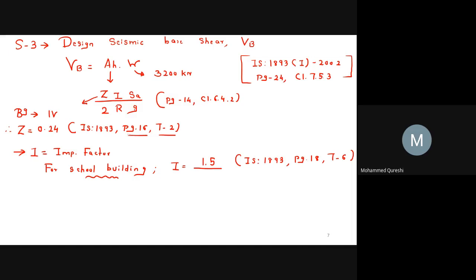Now we will go for response reduction factor, that is capital R. So here capital R equals response reduction factor, and here in the given data it is told that the building is SMRF, means special moment resisting frame.